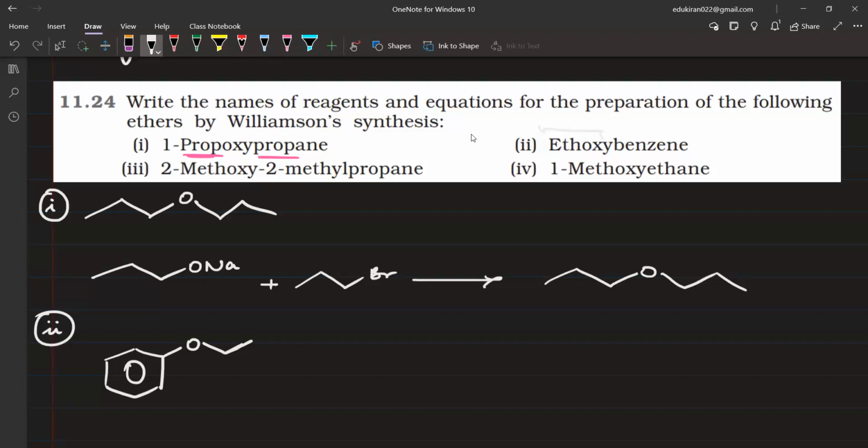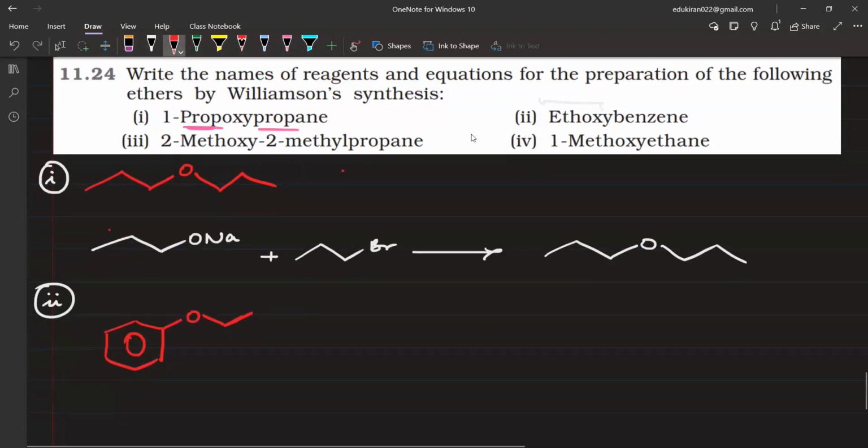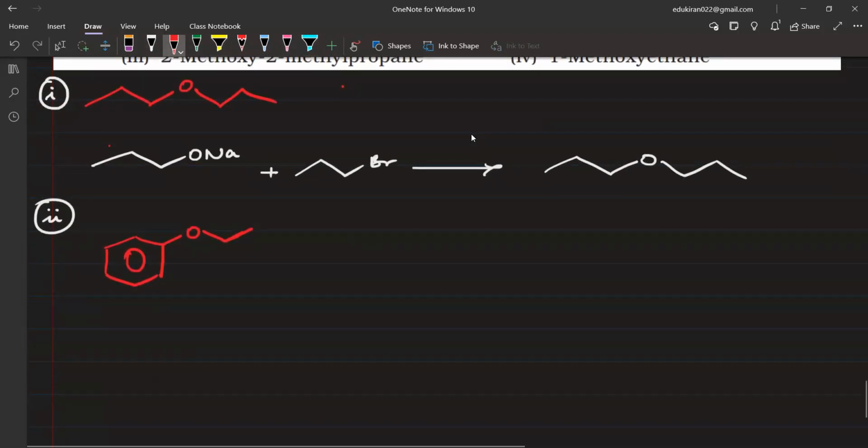Now tell me which fragment will come from which reactant. So we have ethoxy and benzene. Tell me, where will benzene come from? Will benzene come from RX or from the alkoxide? Yes, from the phenoxide. Right, very good. So it will be from the phenoxide, that means ONa.